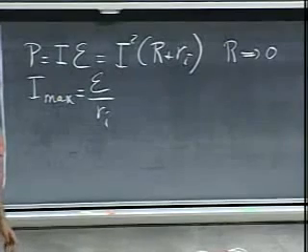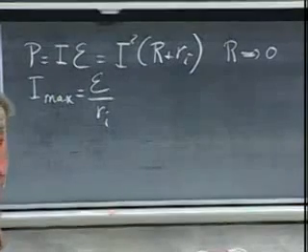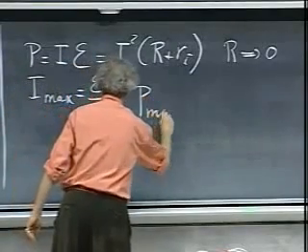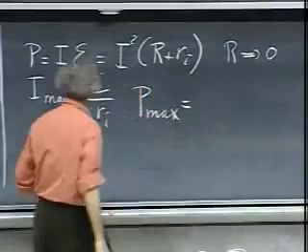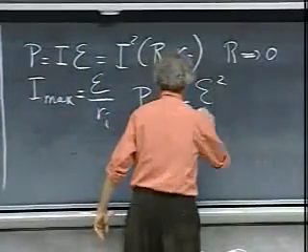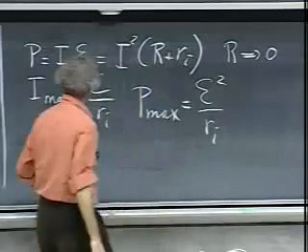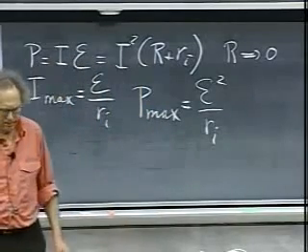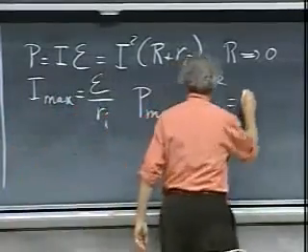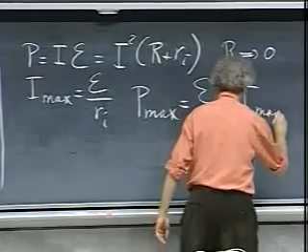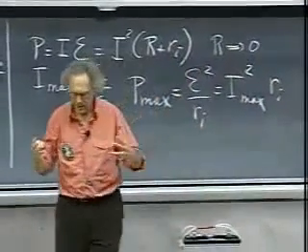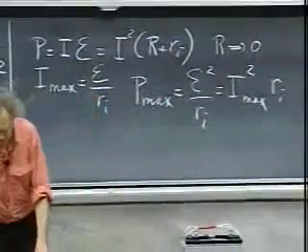And so you get a power, which is the maximum power, which is now E squared divided by R of I. I maximum squared times R of I. That's the same thing. That is the maximum current squared times R of I, and all of that comes out inside the battery. Nothing comes out outside it.